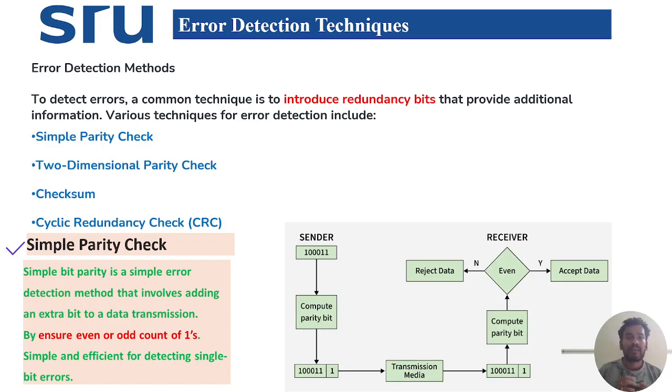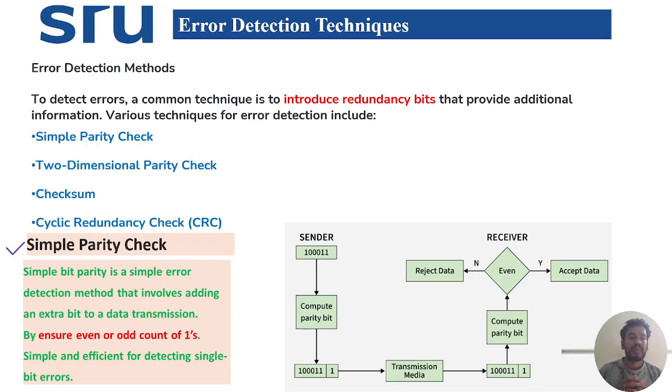On what basis can we add the redundancy bit? We will discuss one by one. The first is the simple parity check. The second is the two-dimensional parity check. The third is the checksum method. And finally, the cyclic redundancy check.